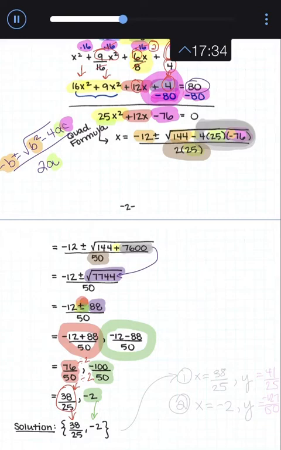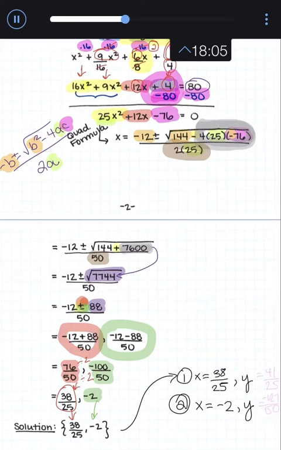Beware, though, you are actually not done. These are just your solutions for x. So that means that one of your solutions is going to have x equals 38 over 25. And the second solution will have x equals negative 2. But you still have to find the corresponding y values by plugging them back into the first part of your substitution.